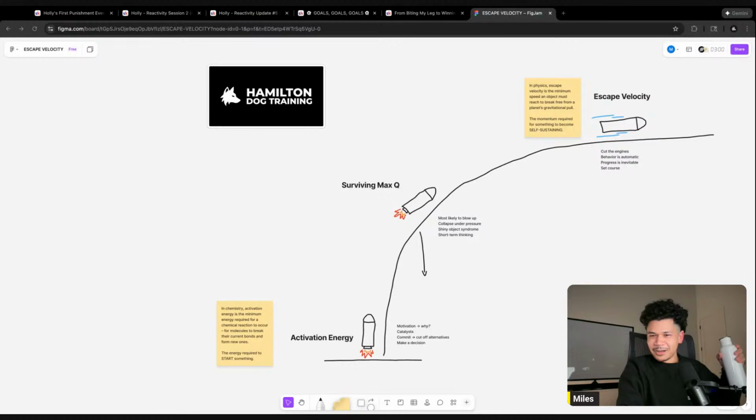We got, been at max Q for a year. Holy shit. See, that's actually crazy. The amount of energy required to maintain at max Q is astronomical. It is no joke staying at that stage for extended periods of time.